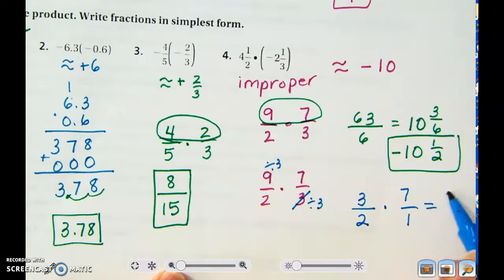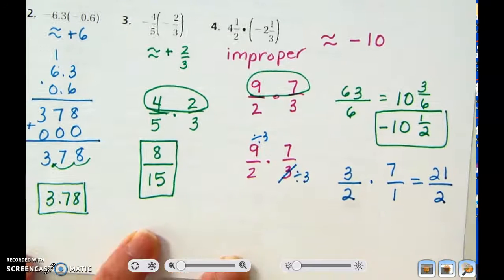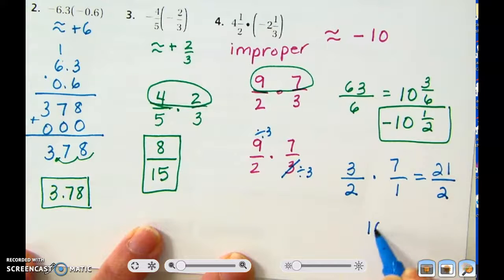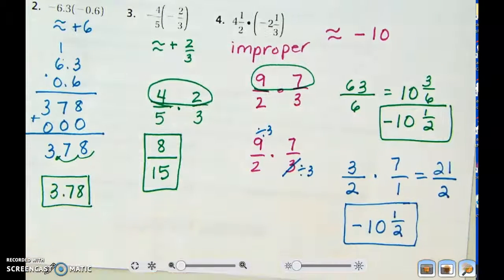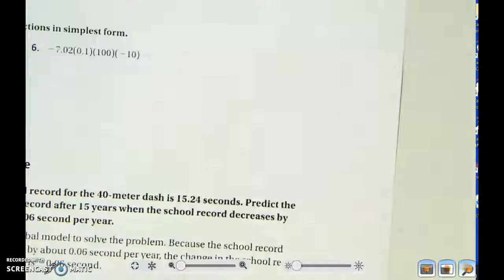Now when I multiply, I get 21 over 2, and I still have to change that to a mixed number. So 21 divided by 2 is 10 with 1 left over, and again my signs are different, opposite, so my answer is negative. All right, let's see what we have on the back.